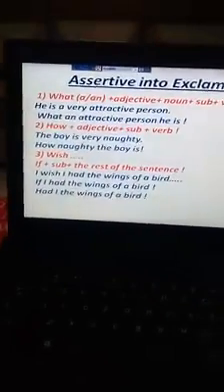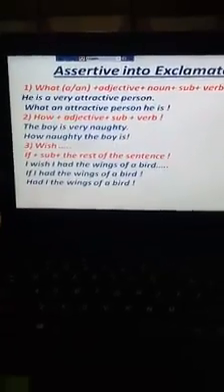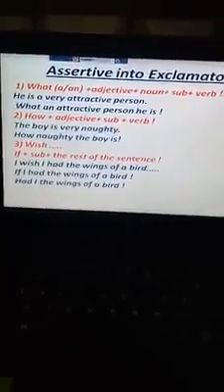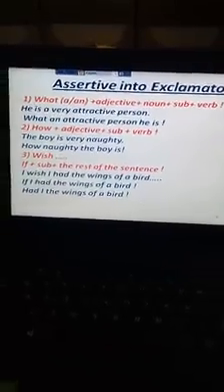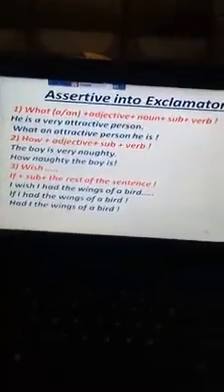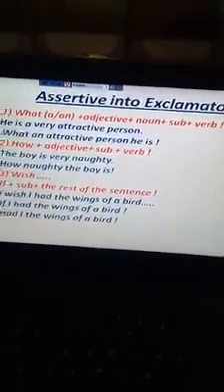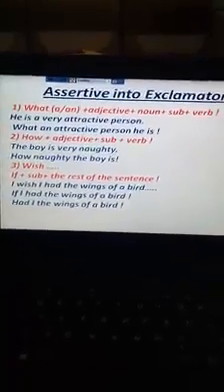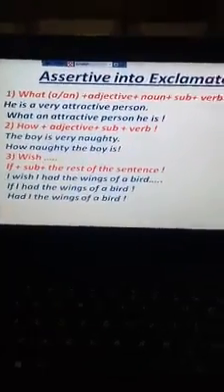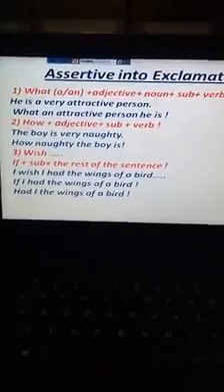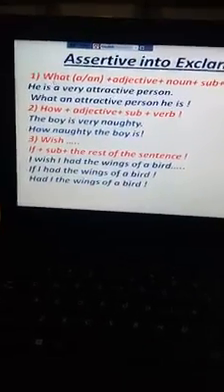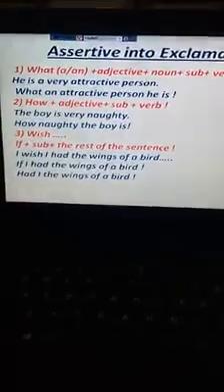Okay, we'll move on to the next point, that is the rules of changing assertive sentences into exclamatory sentences. You should know that generally an exclamatory sentence starts with what or how. But remember that what and how are not used as question words.